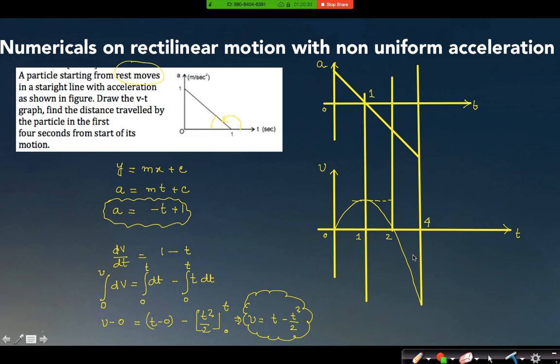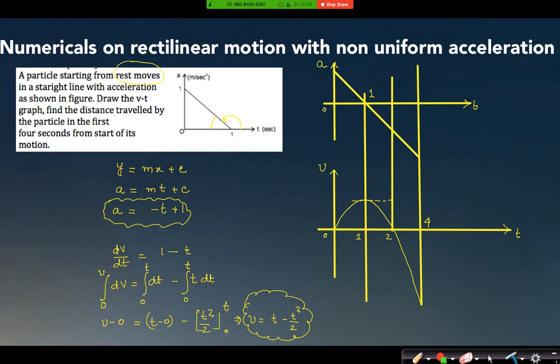Tell me the time interval when the particle retards. From 1 onwards. 1 second to 2 seconds. Velocity vector and acceleration in different directions.